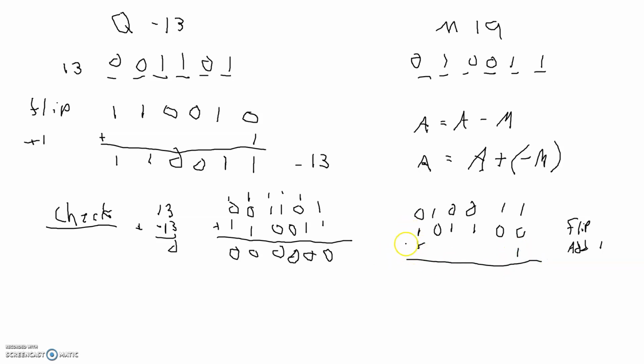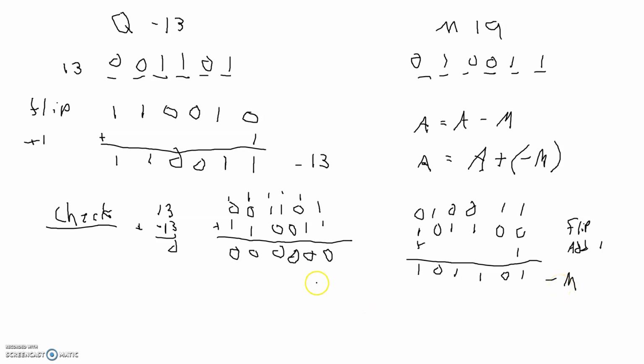And just as a reminder, it's these two numbers here that we're adding together. So 0 and 1 is 1. And since there's no carry, everything else just comes down. Okay, so this would be negative M, or negative 19.